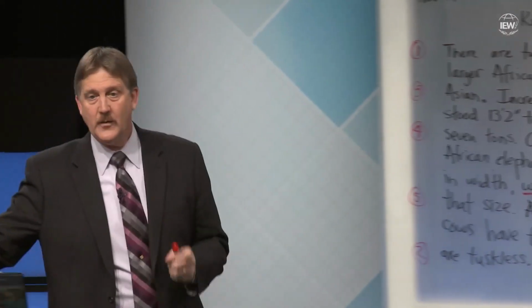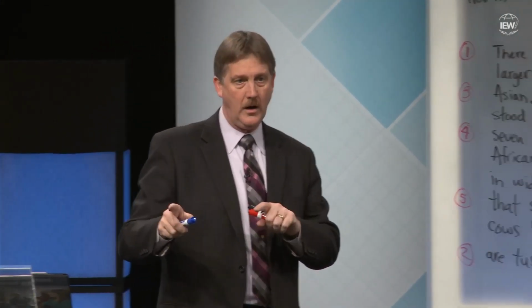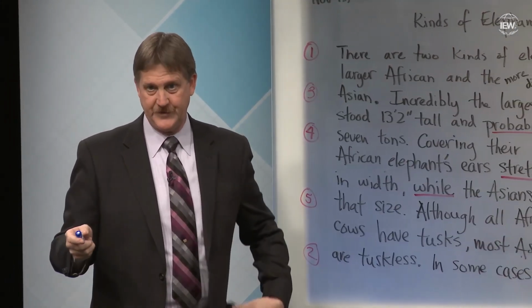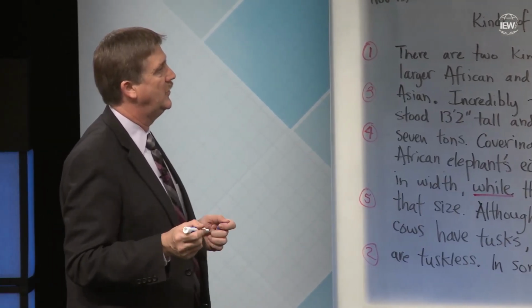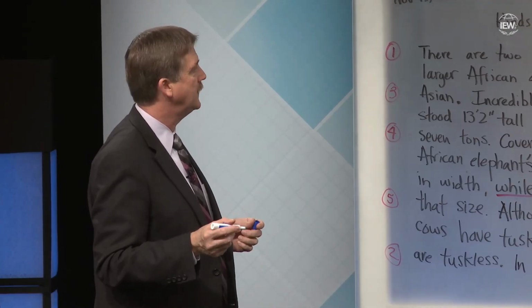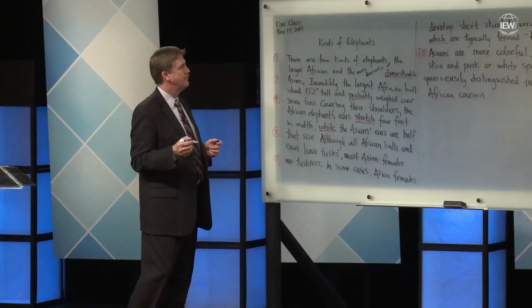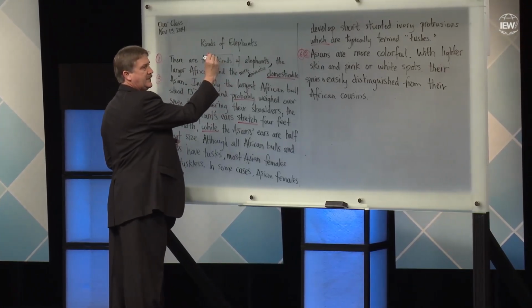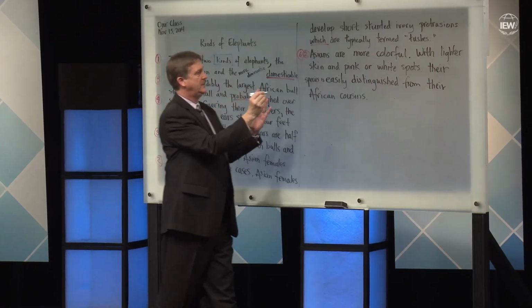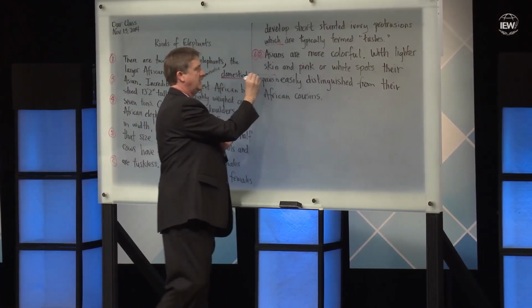And then the last thing we have to do is mark the topic clincher keywords, right? Because we're following that rule. Which words are we repeating? All right, kinds is reflected by the word species.